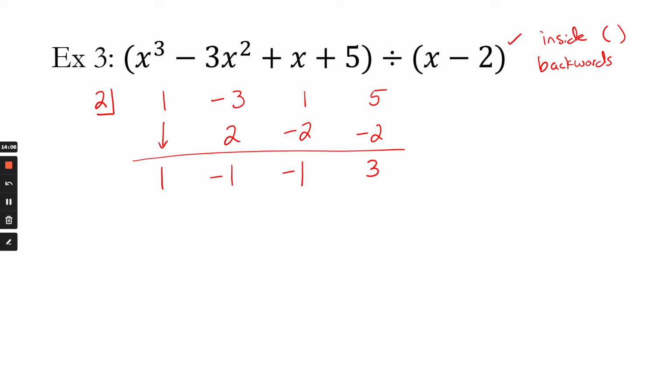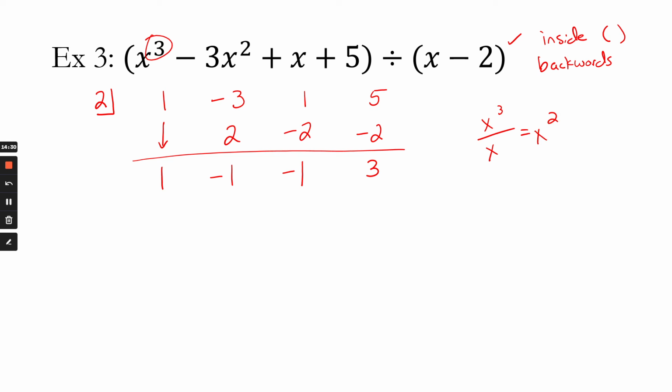Now, the kind of cool thing about this is you have a ton of information. This doesn't look like anything, but there's a ton of information here. Okay, so the first thing is when we divide, a lot of times we actually want the parts that are left over. So we started with an x to the third, and when we divided x to the third by x, we had an x squared.